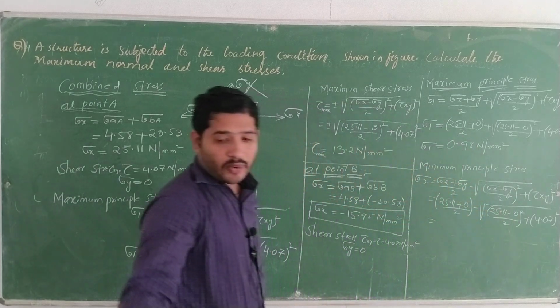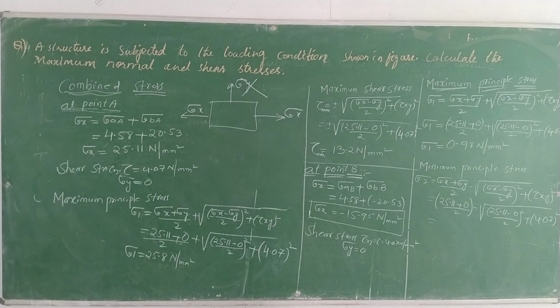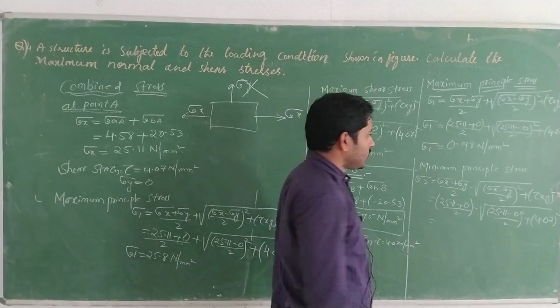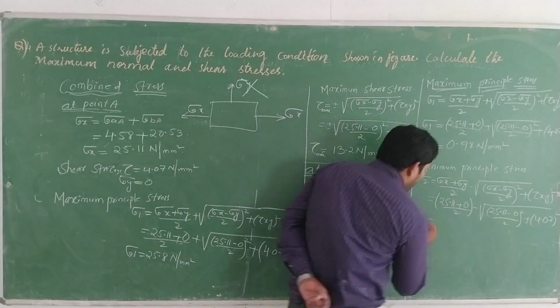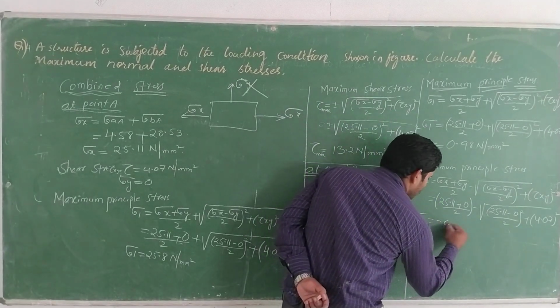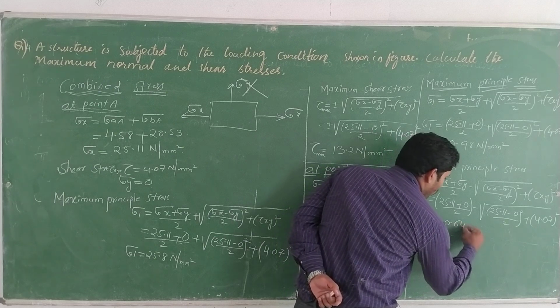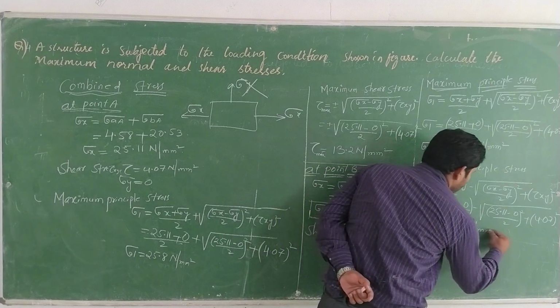Once you calculate, the value is minus 0.64 Newton per mm square.